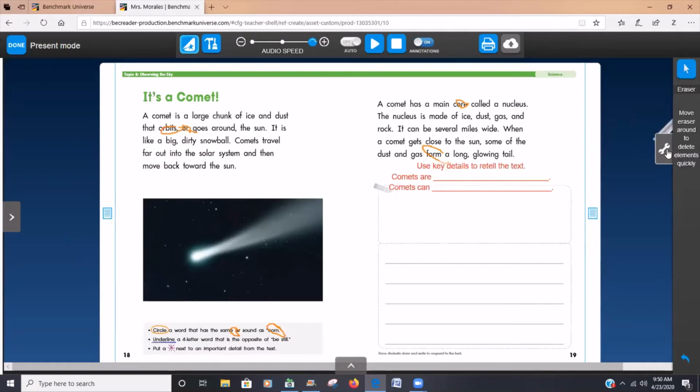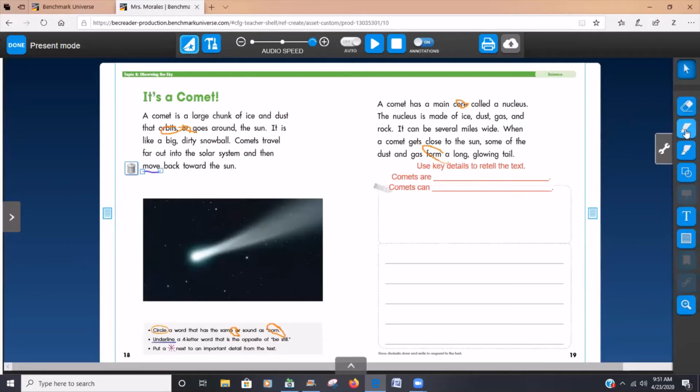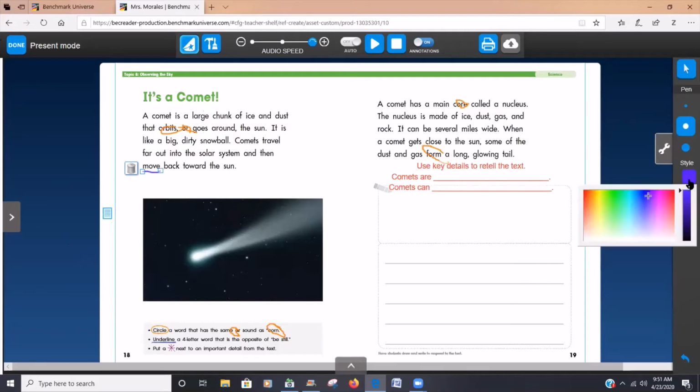Let me erase it because move needs to be blue. And now my key detail, it's purple. So think of your key detail when you're annotating.